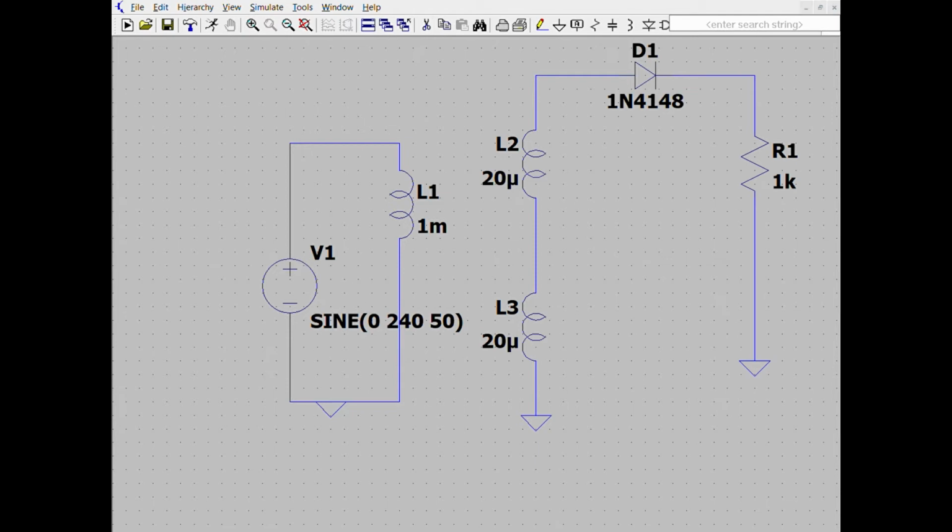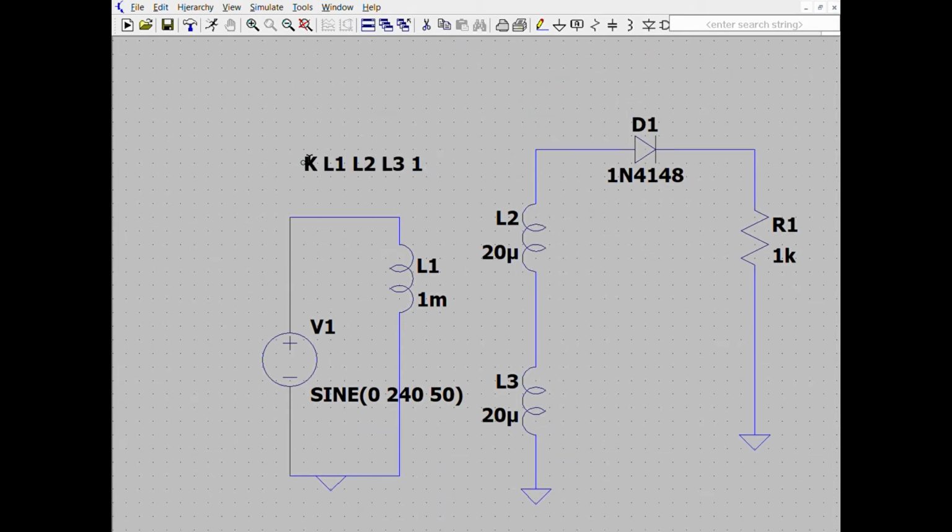We can write it as K, L1, L2, L3, and 1. Put it here, and then a Vmain, Va, and Vb here.